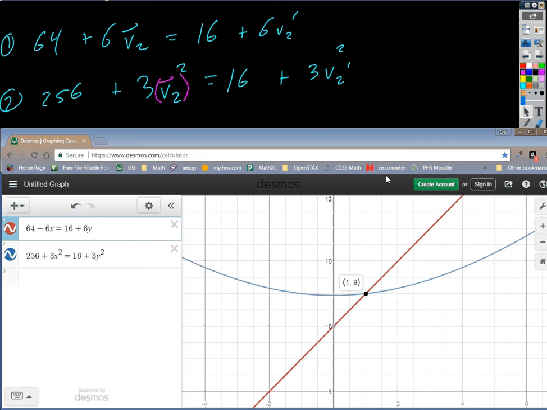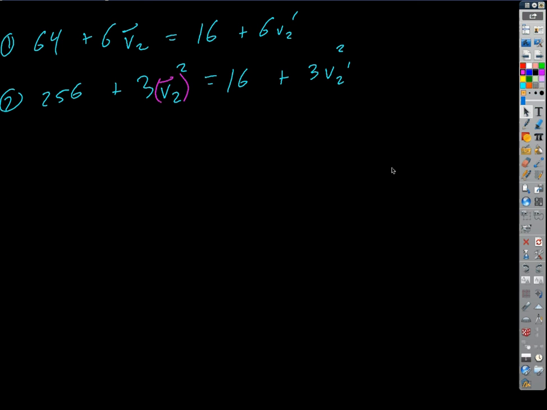So in the context of the problem, let's write down those solutions. V2 equals 1 meter per second. V2 prime equals 9 meters per second.